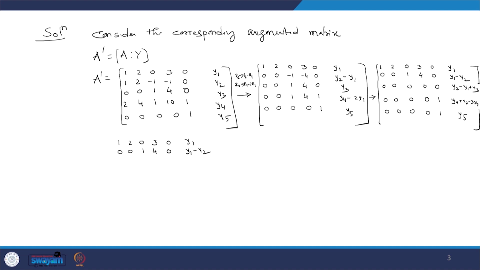So, if I do it, then I am getting 0, 0, 0, 0, 1 and y5, and the fourth row I am subtracting by the fifth row.